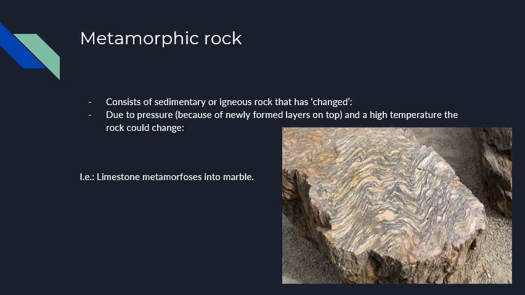And what happens is that these layers are being compressed together, and it changes its appearance. For example, limestone changes into marble. It's both the same base, it's both limestone, but it has another look because of the high temperature and the enormous pressure inside our planet.